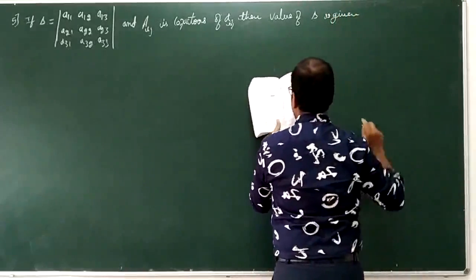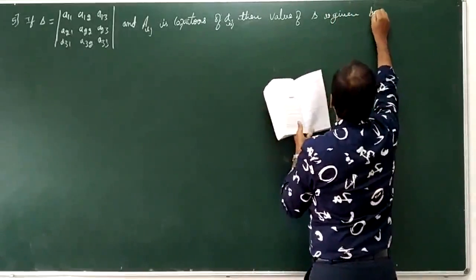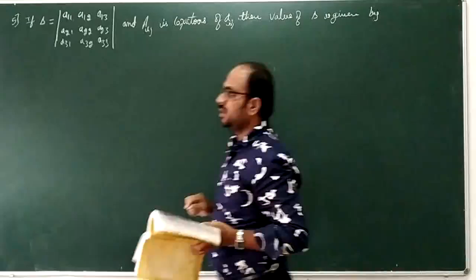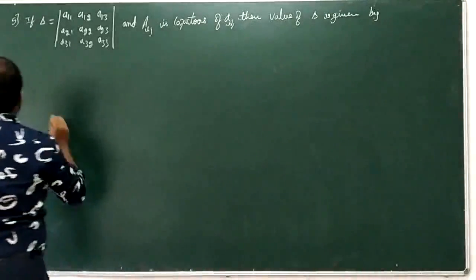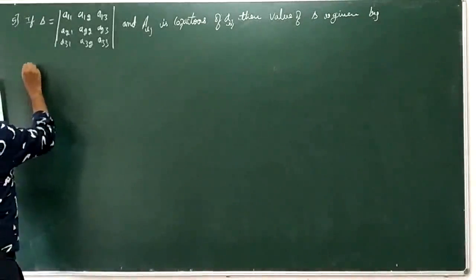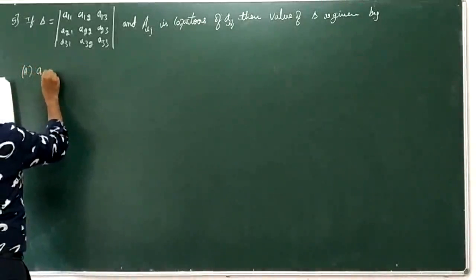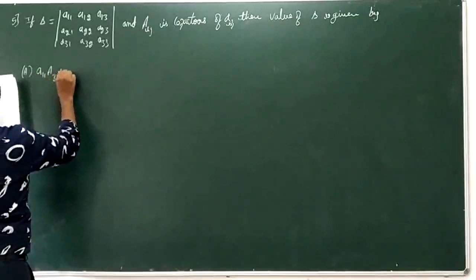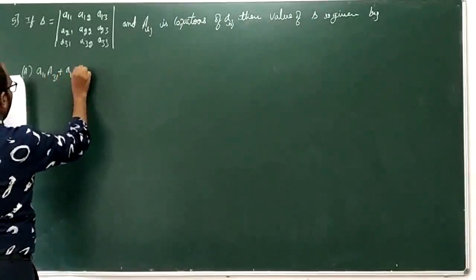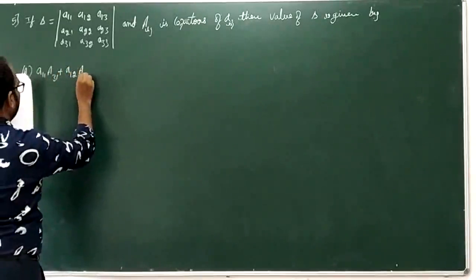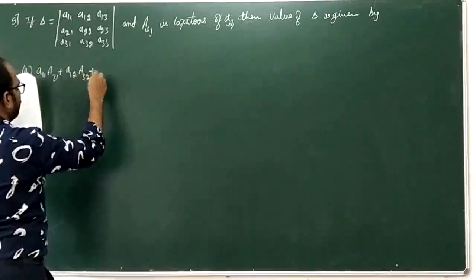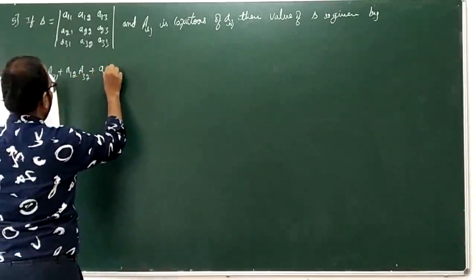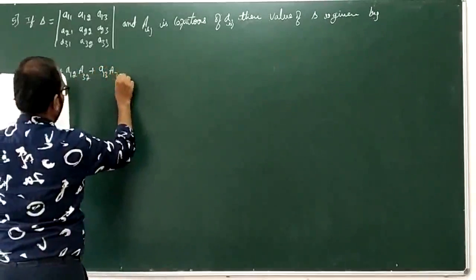In that, first option: a11 into cofactor of a31 plus a12 into cofactor of a32 plus a13 into cofactor of a33.